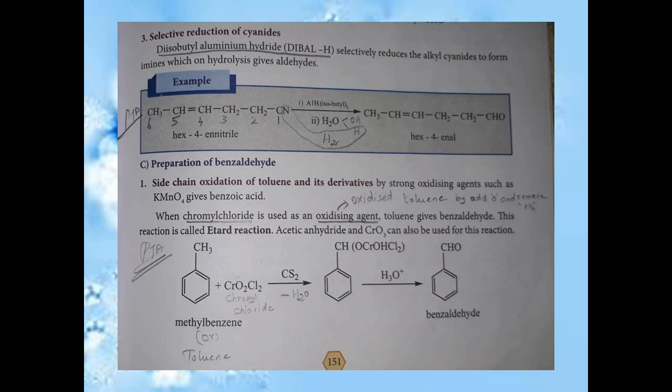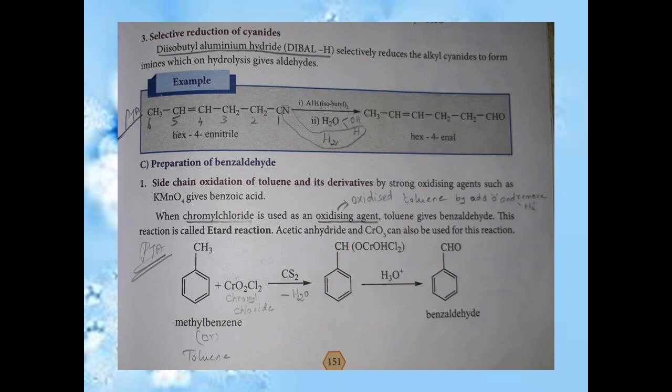It is selectively first of all added with water, I split it into OH and H. Another one, here reduction we told, so addition of hydrogen takes place, that hydrogen also, and then nitrogen, hydrogen, and one hydrogen from water, it is removed as ammonia. Remaining we have OH, that OH is added with the first carbon, so that we get hex-4-enal.